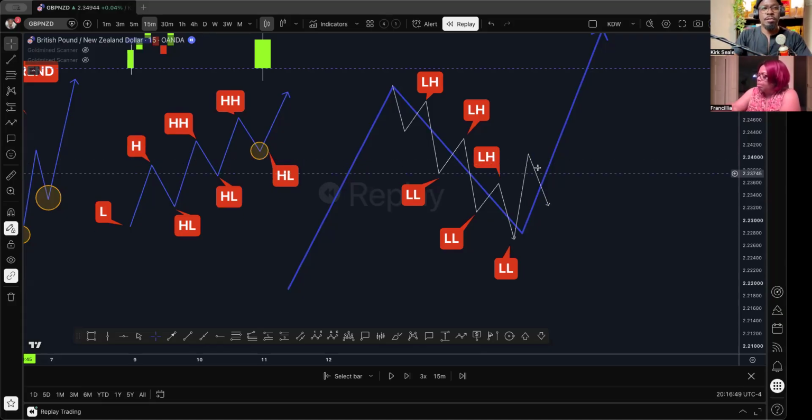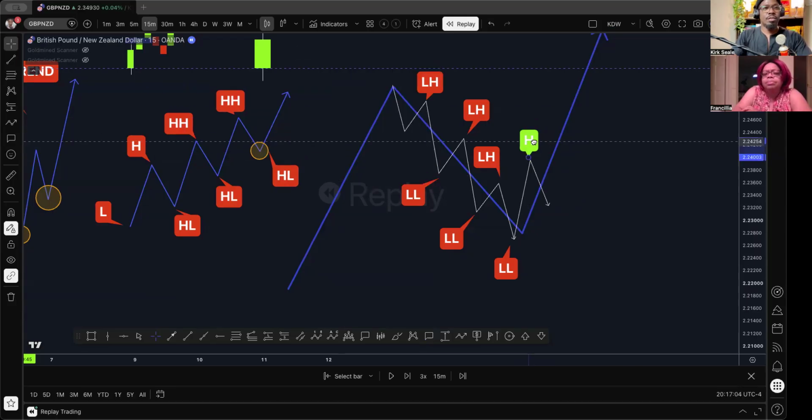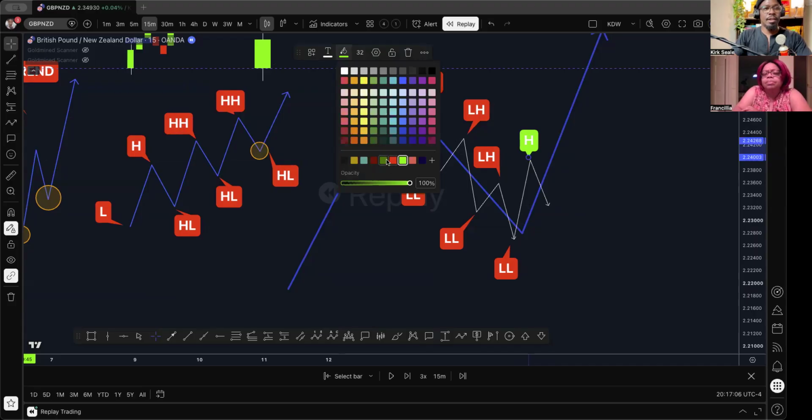All right. So here's what happens. This lower low, and now we have a high. Let's turn that green. Boom. All right. Now we have a high.